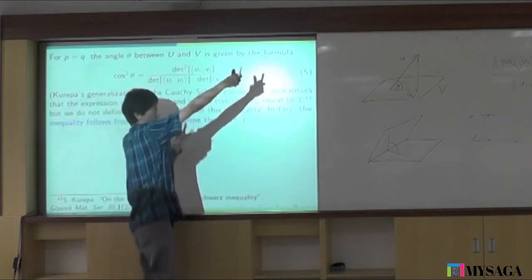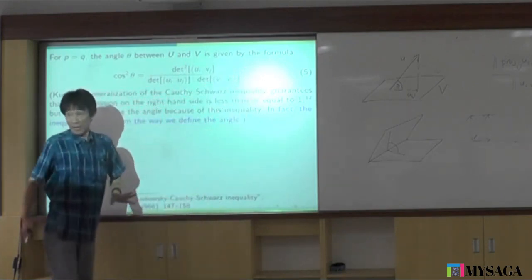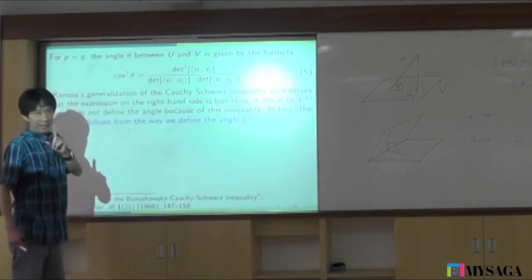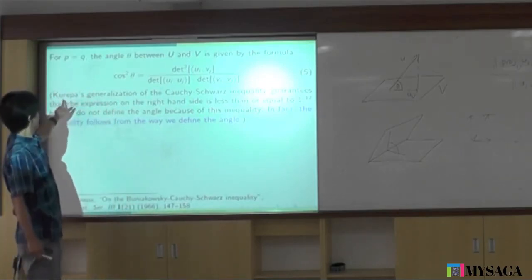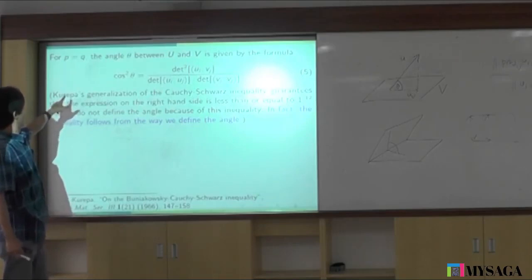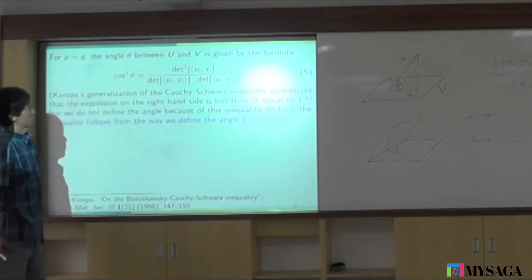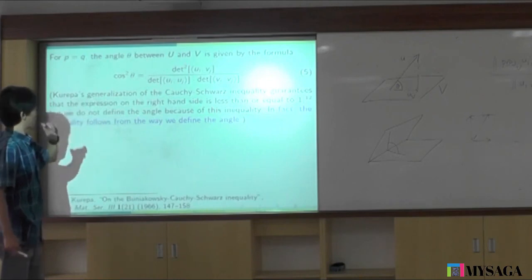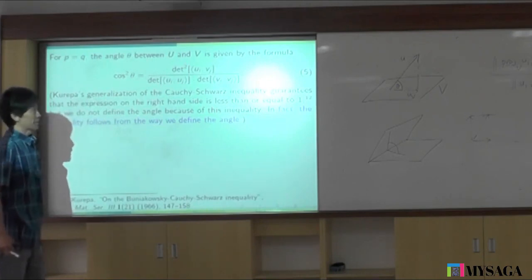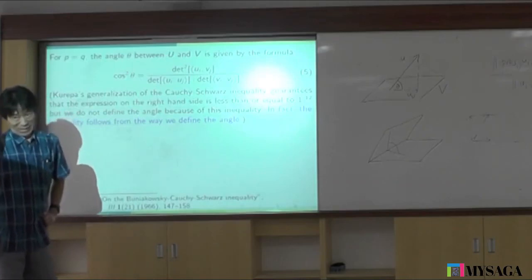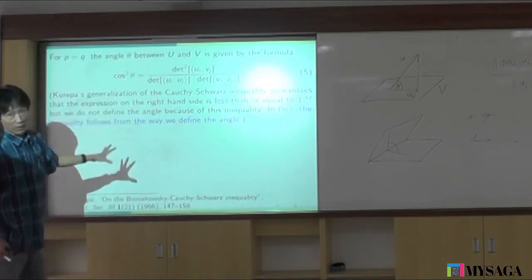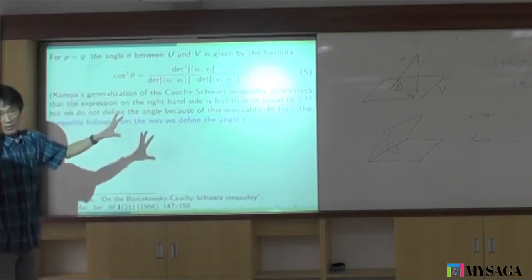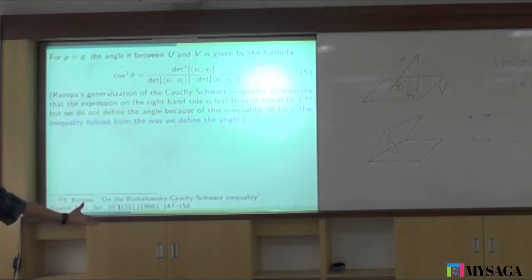Then we have an inequality, and that inequality is known as Kurepa's generalization of the Cauchy-Schwarz inequality. And that inequality guarantees, of course, that the expression on the right hand side is less than or equal to 1. But in our approach, we do not define the angle because of that inequality.